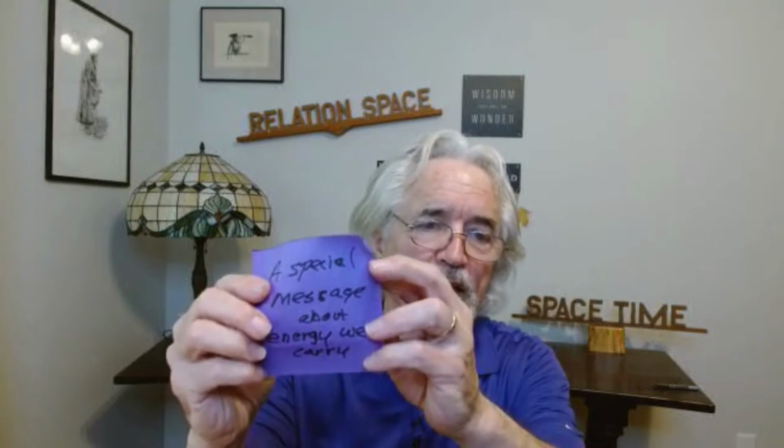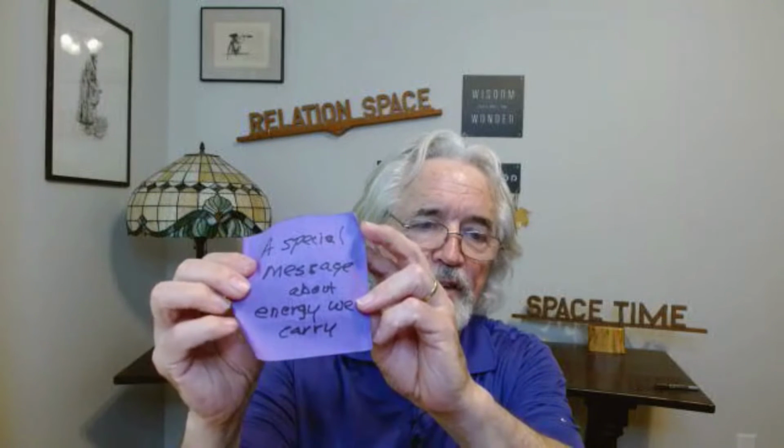In this case, I've just said, a special message about energy we carry. And say, we don't want to carry that anymore. I don't want that disappointment from my earlier childhood days or earlier days in family. So I'm going to put it in the butterfly, this energy butterfly, and let it stay there.